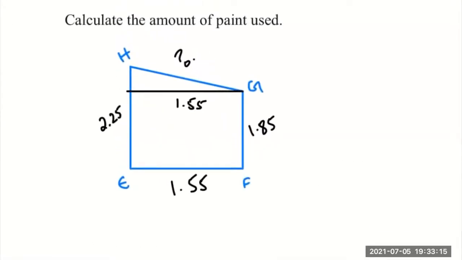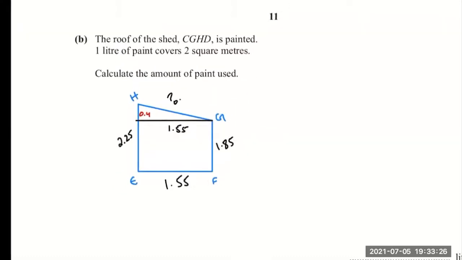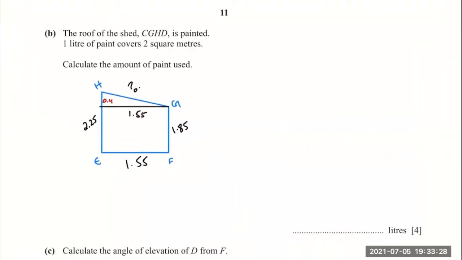And this length that I have will be 2.25 minus 1.85, which is 0.4. Can I then use Pythagoras? क्या मैं अब कह सकता हूँ कि HG squared equals 0.4 squared plus 1.55 squared.